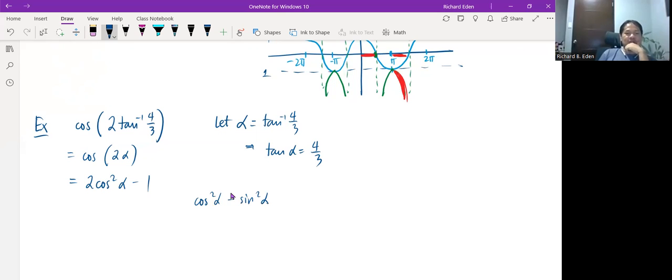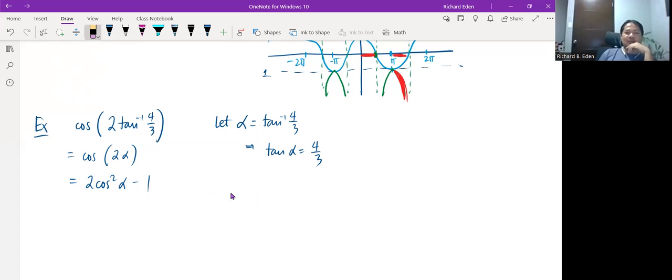But what I wrote there will suffice. Because if cosine squared alpha is 1/4, then sine squared alpha would simply be 3/4. Kasi di ba cosine squared alpha plus sine squared alpha would add up to 1. So I think this is enough: twice cosine squared alpha minus 1.